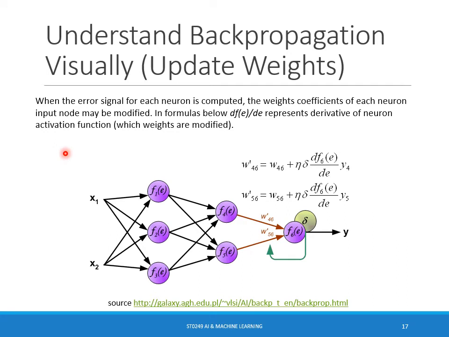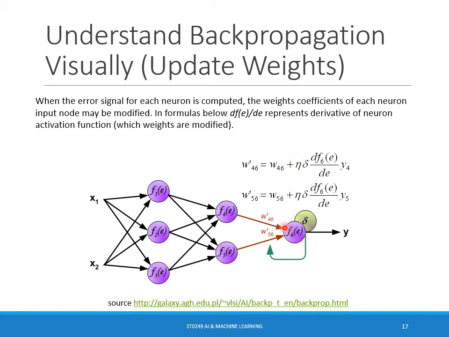After propagating the errors backwards, we need to adjust the weights in each of these connections so that we actually learn the function. The way we update the weights is that the new weight is the old weight plus a learning rate term.